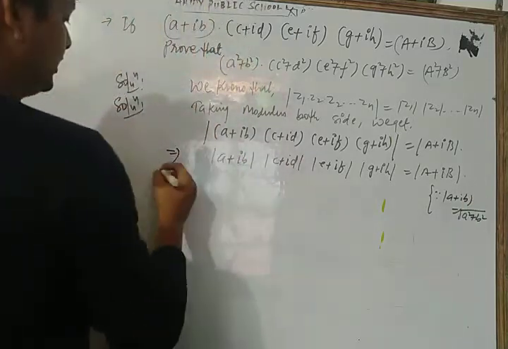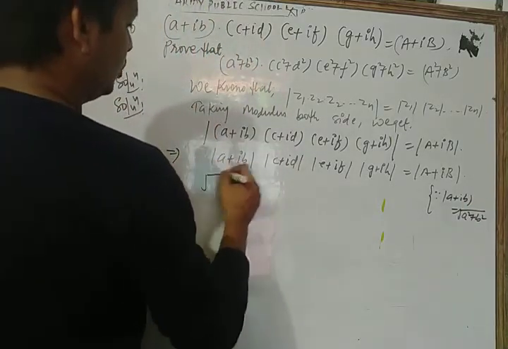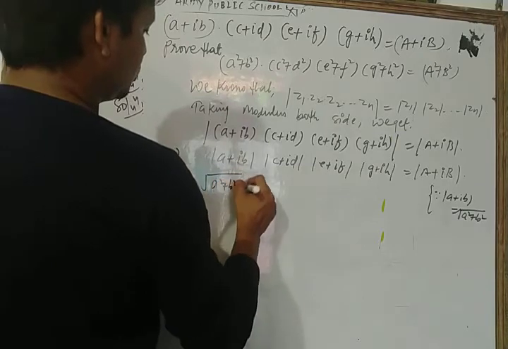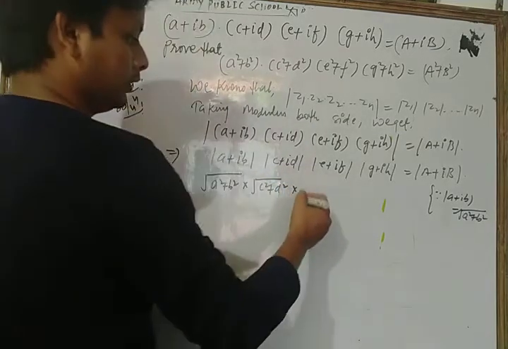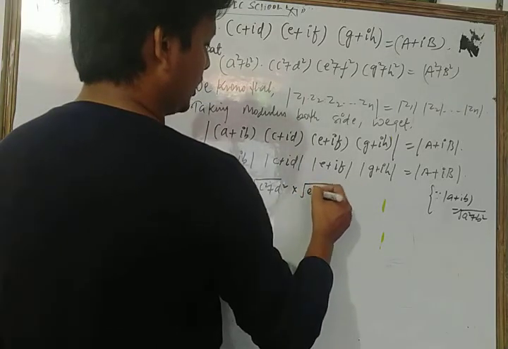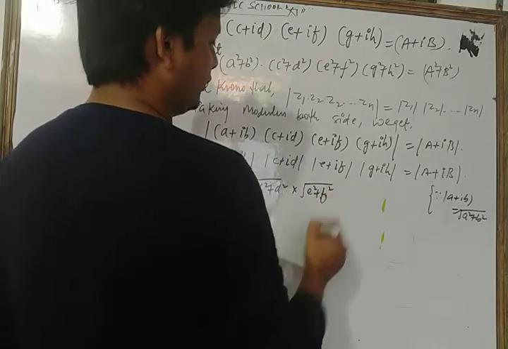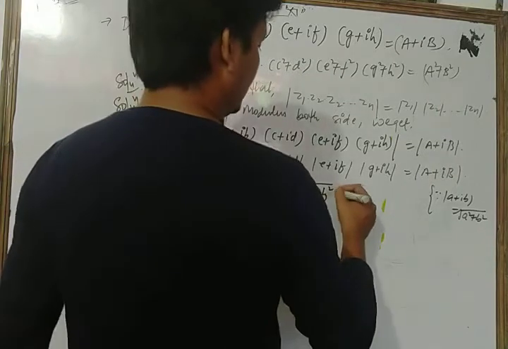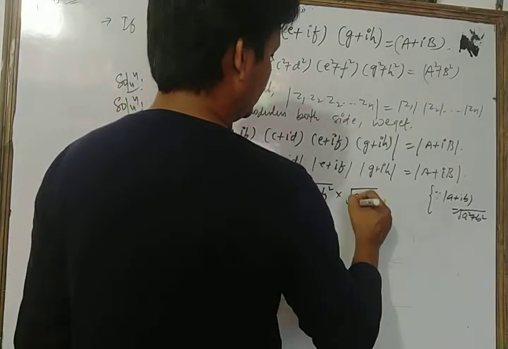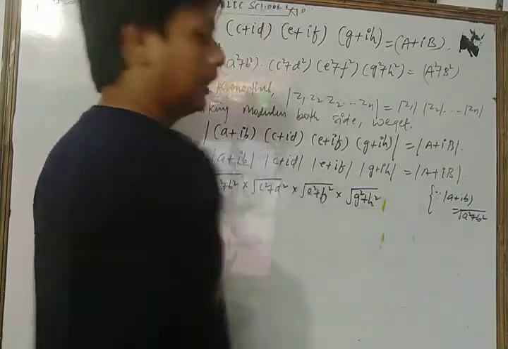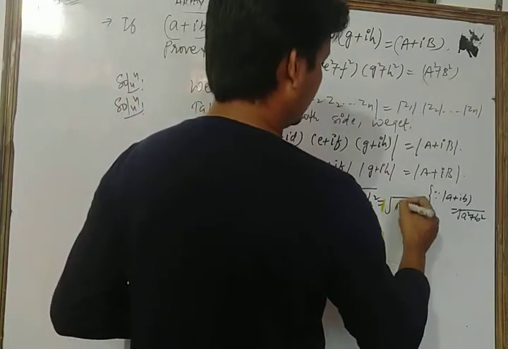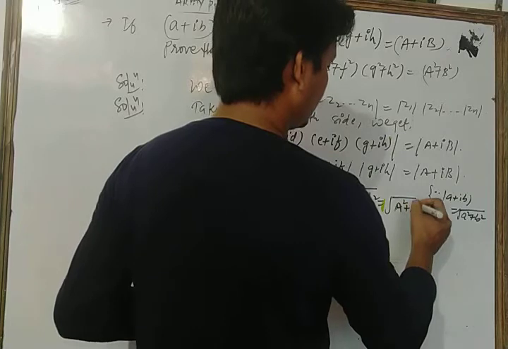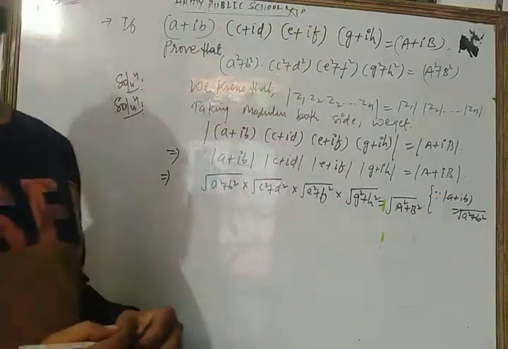So here we have under root a square plus b square into under root c square plus d square into e square plus f square into g square plus h square is equal to under root a square plus b square.